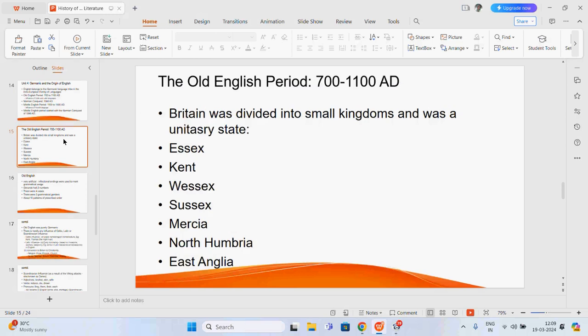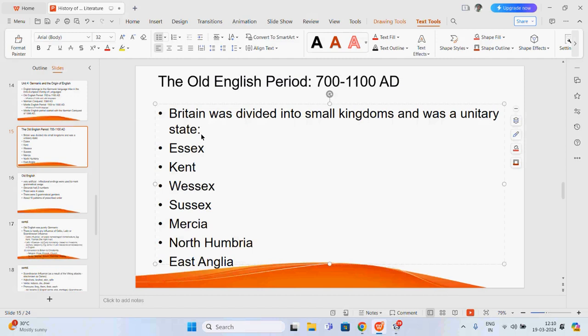One thing to remember when we talk about the Old English period is that though we are using the word English, we are not referring to the UK as we know it today.